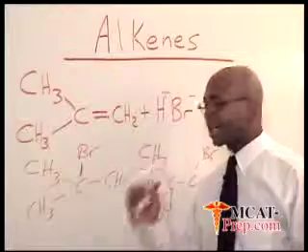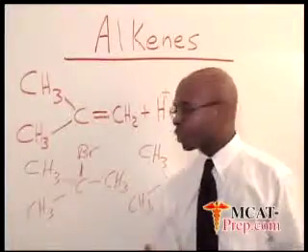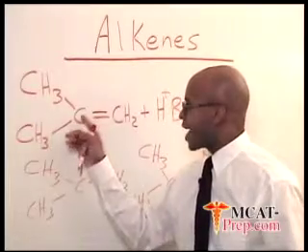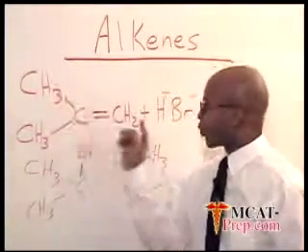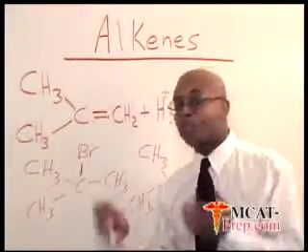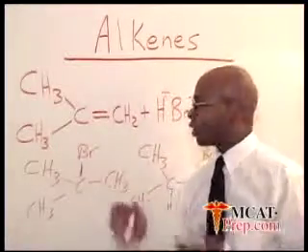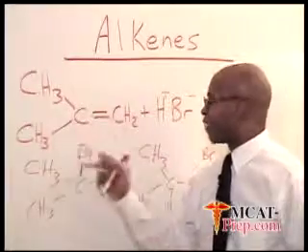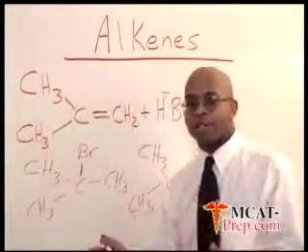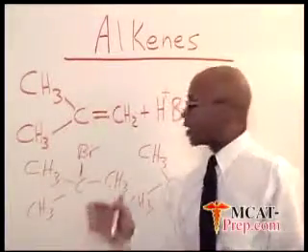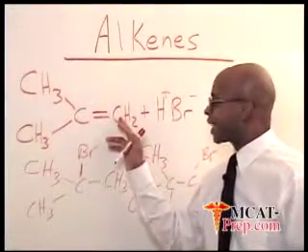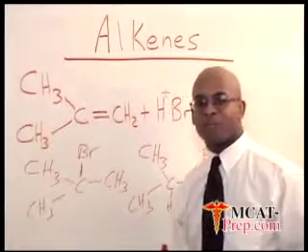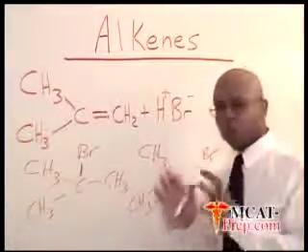In this particular situation, this carbon has 3 substituents attached to it, 3 ligands, and this carbon just has 1 because the hydrogens are not considered to be substituents. And so this one has the least substituents compared to this particular carbon. So that's one way of looking at it.